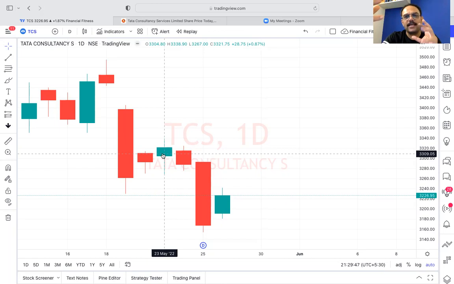The close is higher. Close is higher than what? Open. Like that you have to write. The more you practice like that, the easier it is, and you'll make fewer mistakes when you are trading. Am I sounding like a teacher in school? I might have sounded like it.